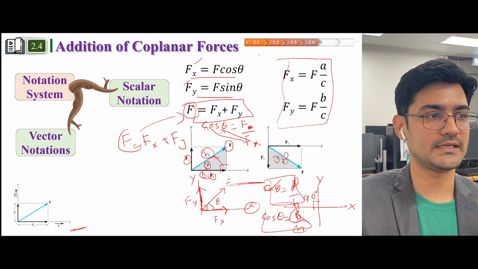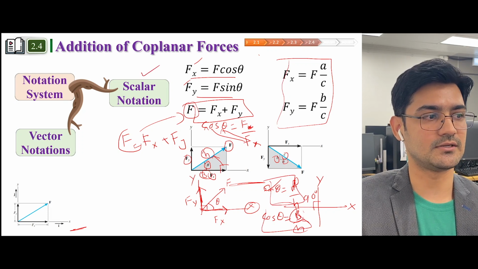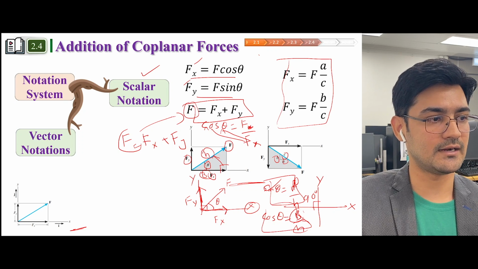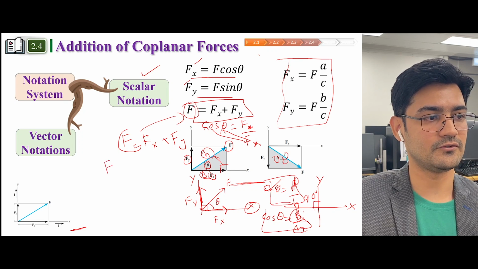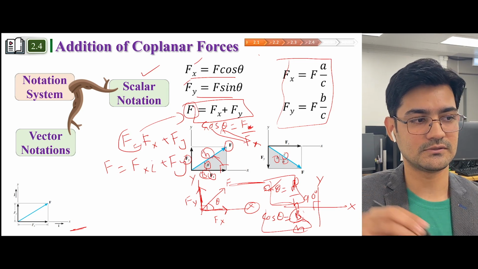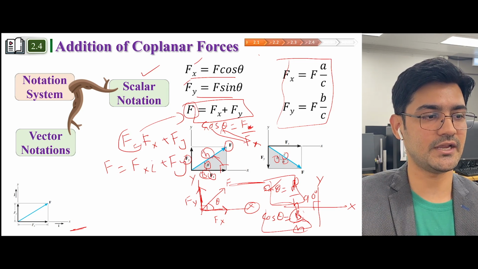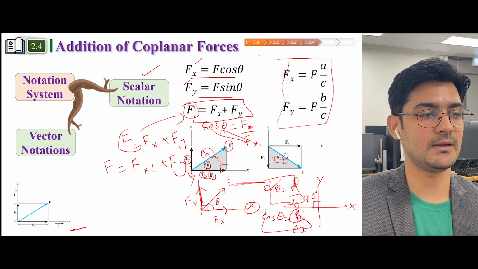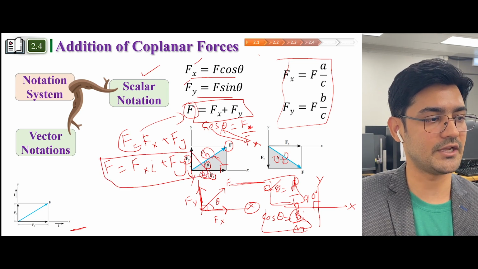Now, this is a scalar notation system. In the vector notation system, all we have to do is that the force is F of x plus F of y. Now, if we put i on the x-axis and j on the y-axis, then we can represent this in vector notation.